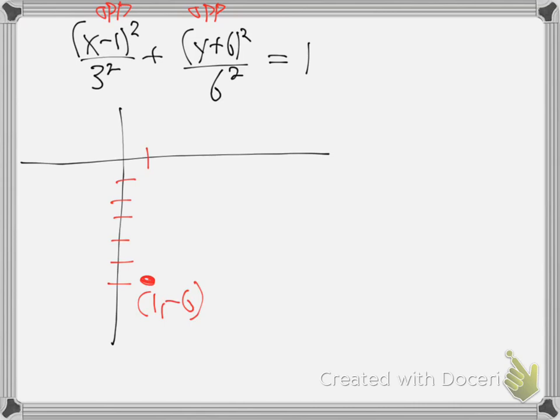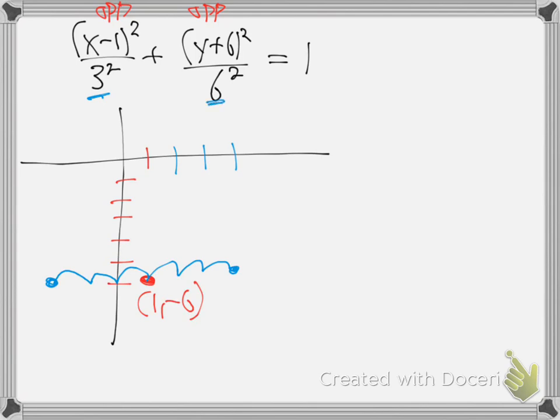Oh, 4 vertices? So right, left, 3. 1, 2, 3. We good? So whatever's underneath X, remember X is always right, left. Y is always up, down.